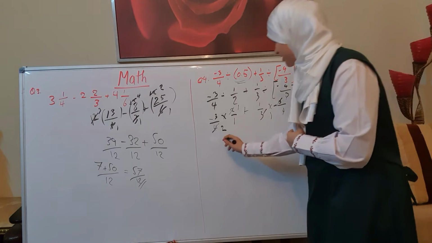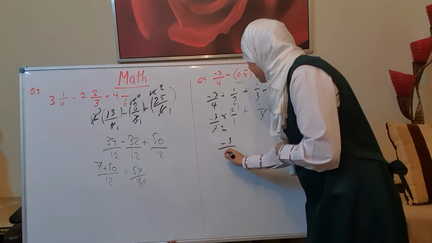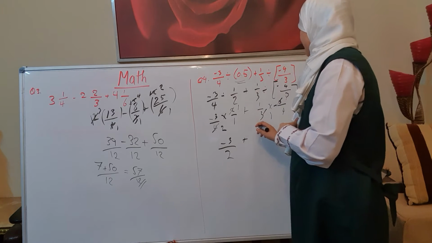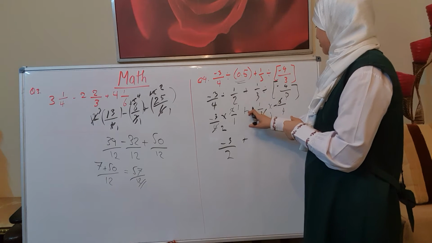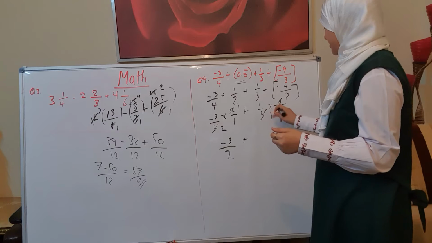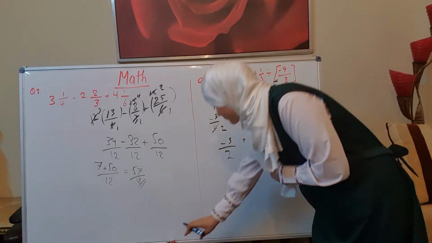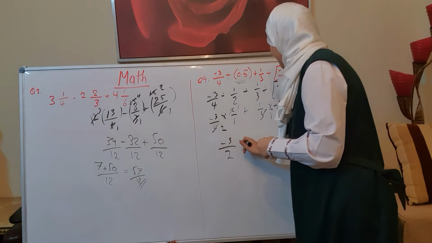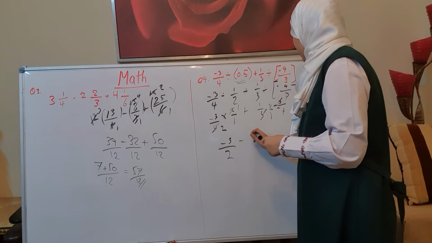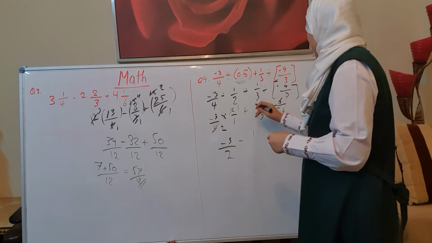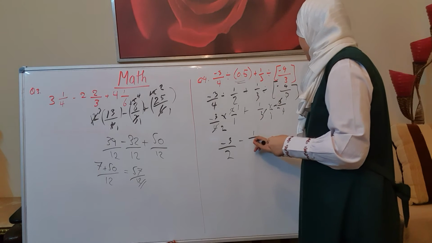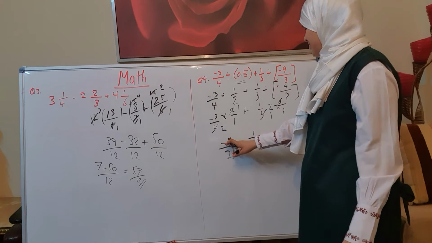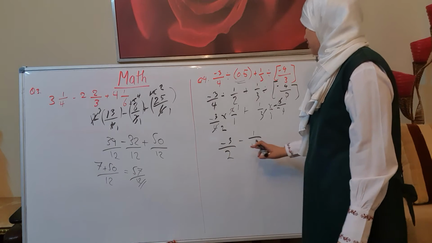Now we have negative 3 over 2 plus, because positive times negative is negative, negative 1 over 4.